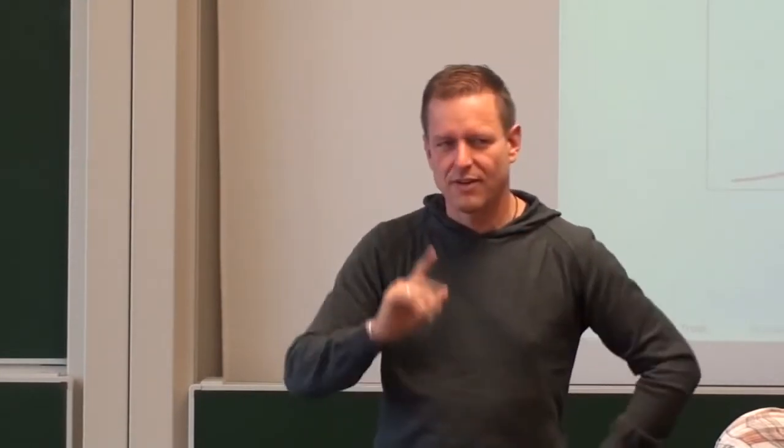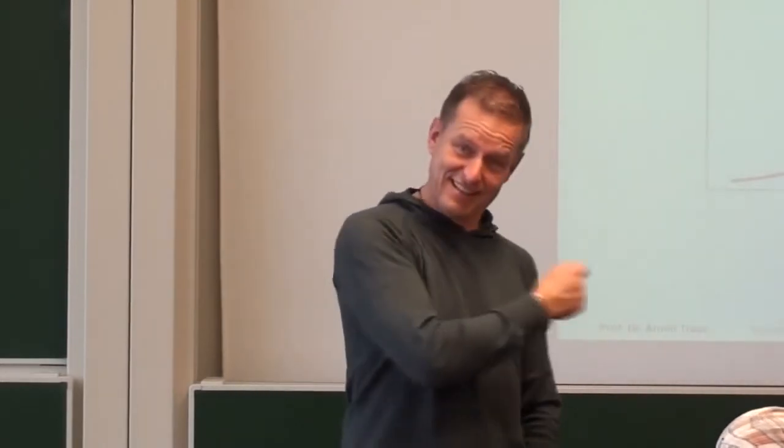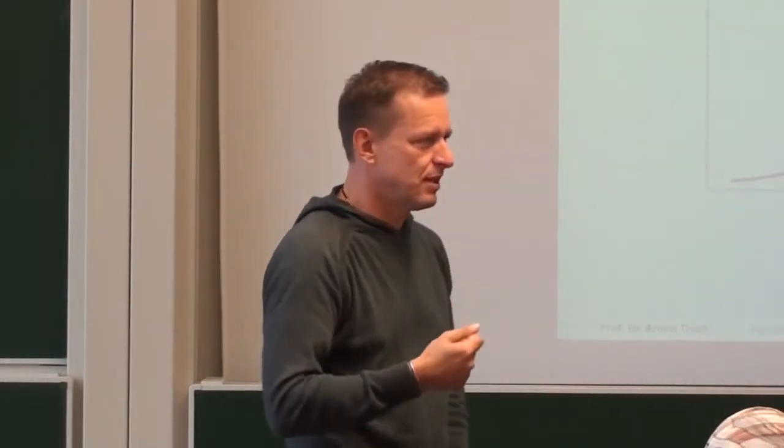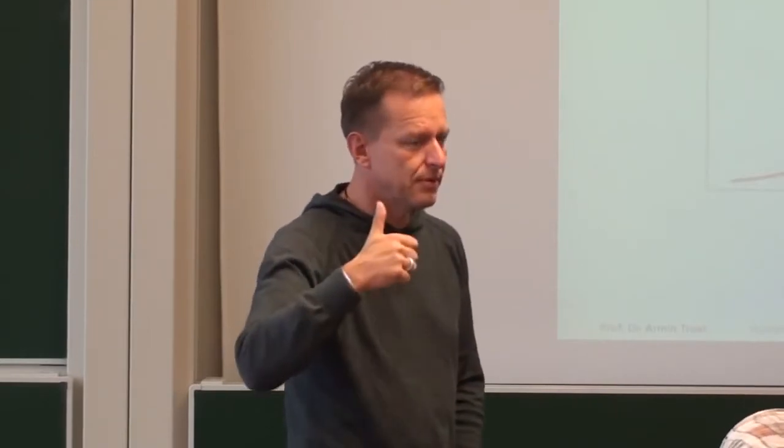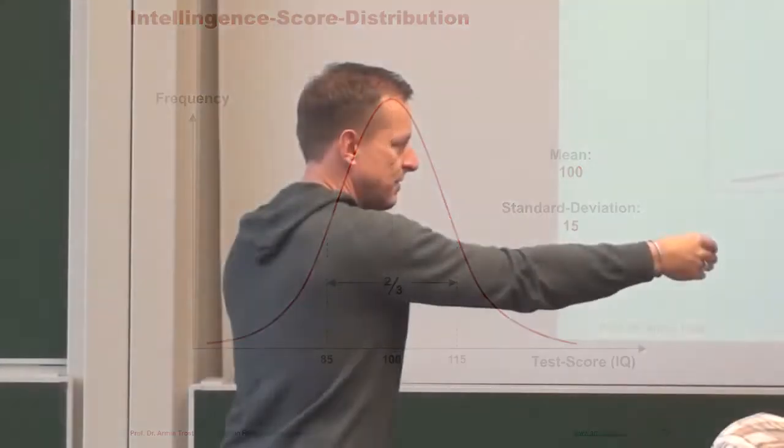In this particular case, the standard deviation is 15. This is how tests are designed in that case. What does that mean? Very simple, as a rule of thumb: if you look at a range from the mean 100 minus 15, 85, to plus 15, the mean plus one standard deviation, you have a range from 85 to 115.